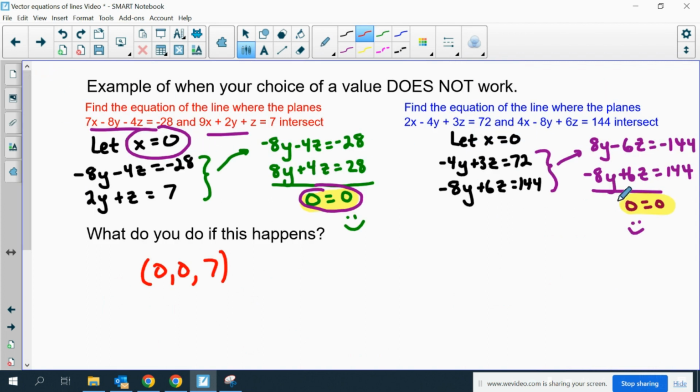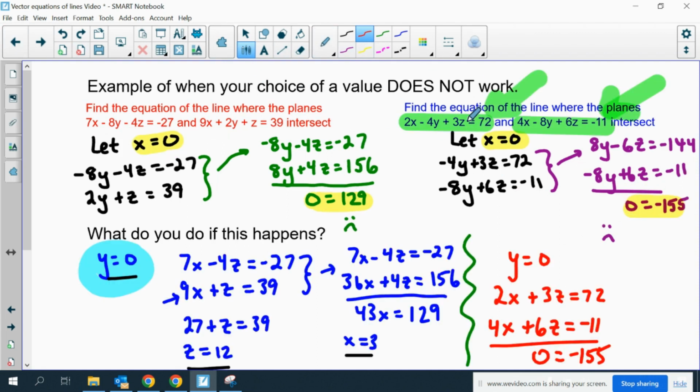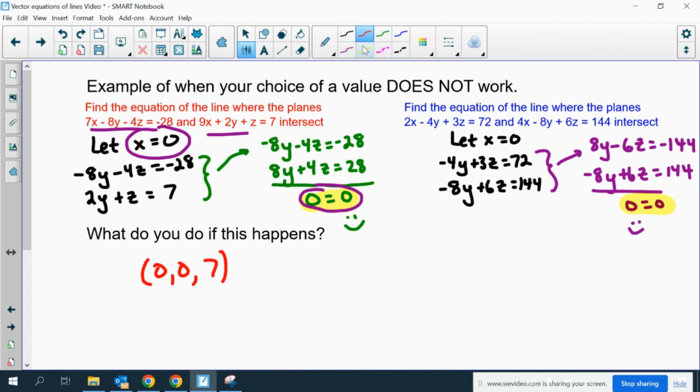Now what about this one? We ended up with 0 equals 0 when x equals 0. I could try y equals 0, but I'm also going to get 0 equals 0. And again, you just kind of can think about this one. Notice that if I look at these things, I really multiplied this by 2. And also notice what happened.